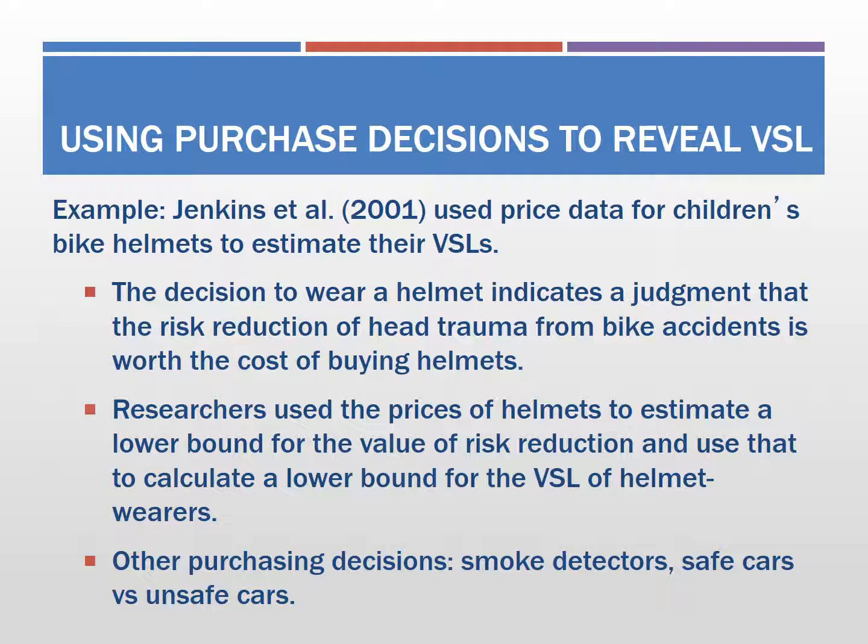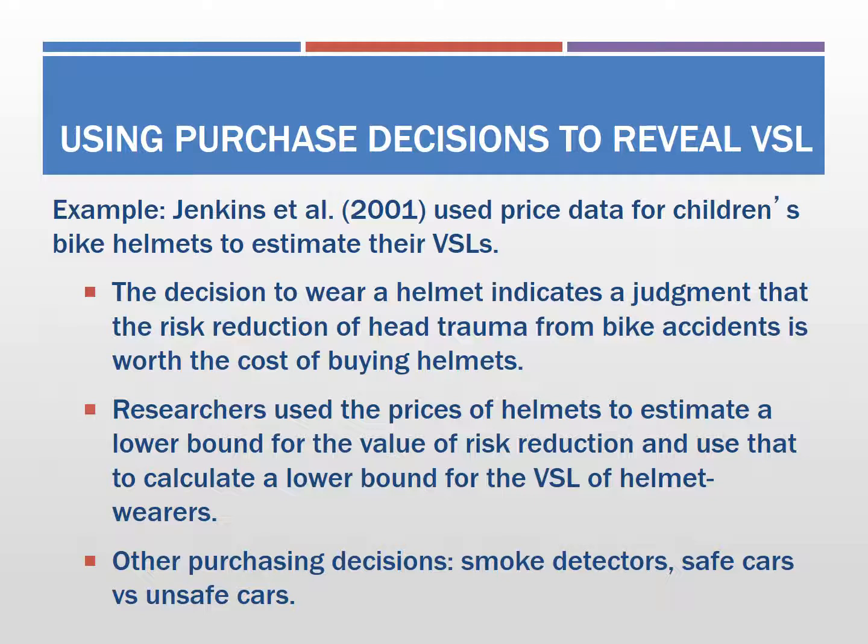So we look at another way to do it, basically by looking at the purchase decisions of consumers in the market. In this approach, we use price data in the markets to study whether people want to avoid certain types of risks in life by purchasing certain items.